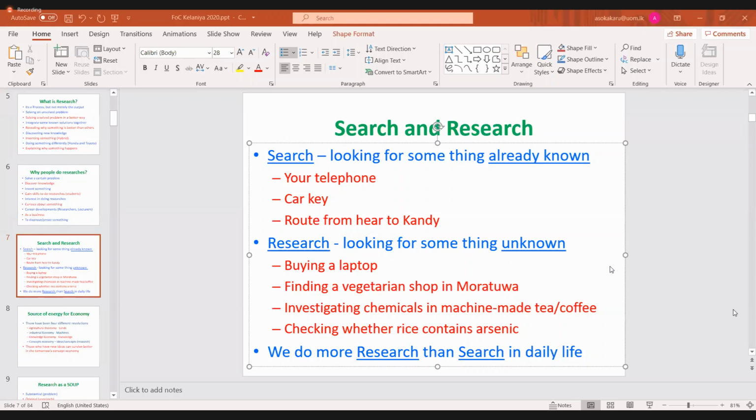Good. So now tell me, in real life do we do more research or search? When you are filling your university admission form after the A/L, you are looking for some degree programs from different universities. What is going on in your mind?